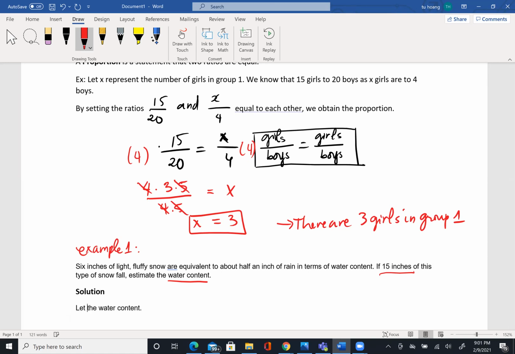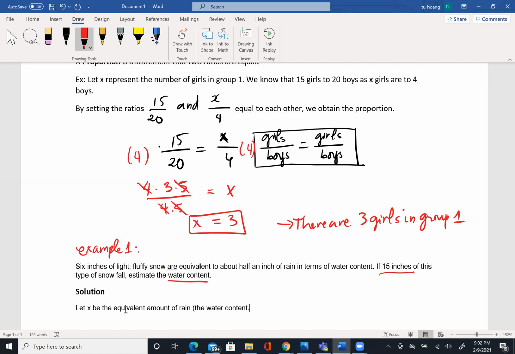Let x be the equivalent amount of rain, which is the water content.